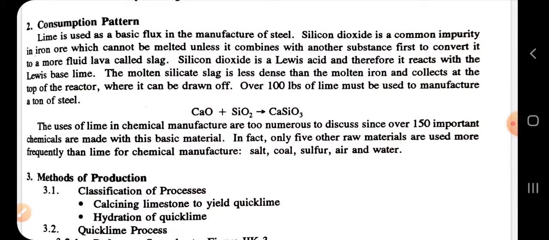Silicon dioxide being a Lewis acid reacts with Lewis base lime. So in manufacturing of steel, to melt it we use lime with silicon dioxide. The molten silicate slag is less dense than the molten iron and collects at the top of the reactor, which can then be removed.